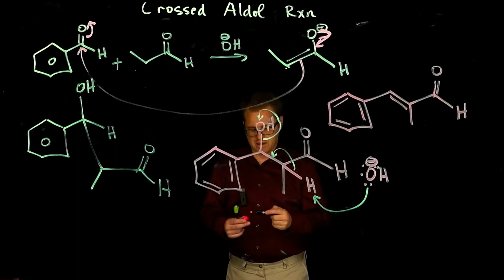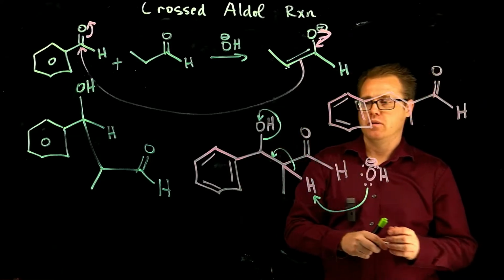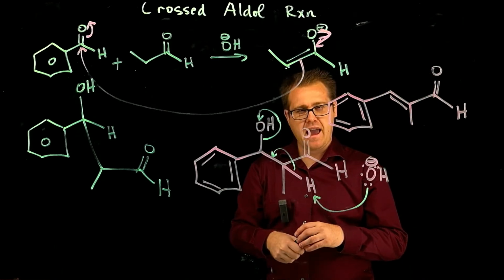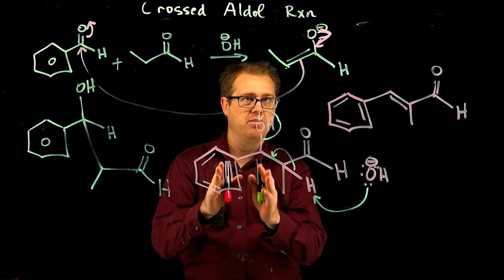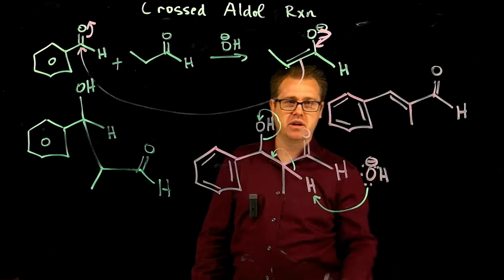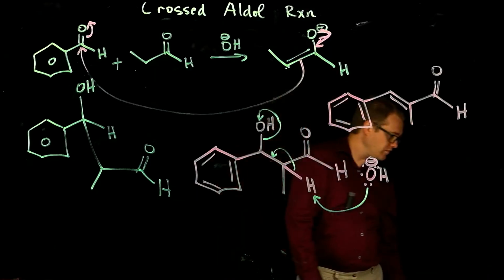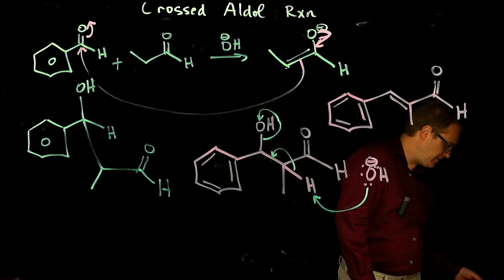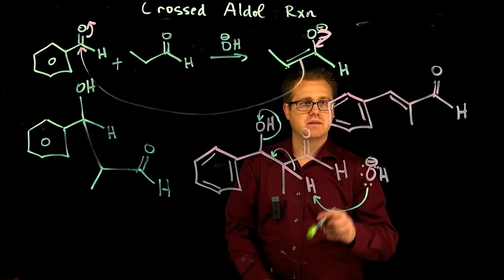Now, can anyone see, by just looking at this molecule, and answer the question, why can we not isolate this compound? Why does it automatically go to the condensation product? Any ideas? Look at this.